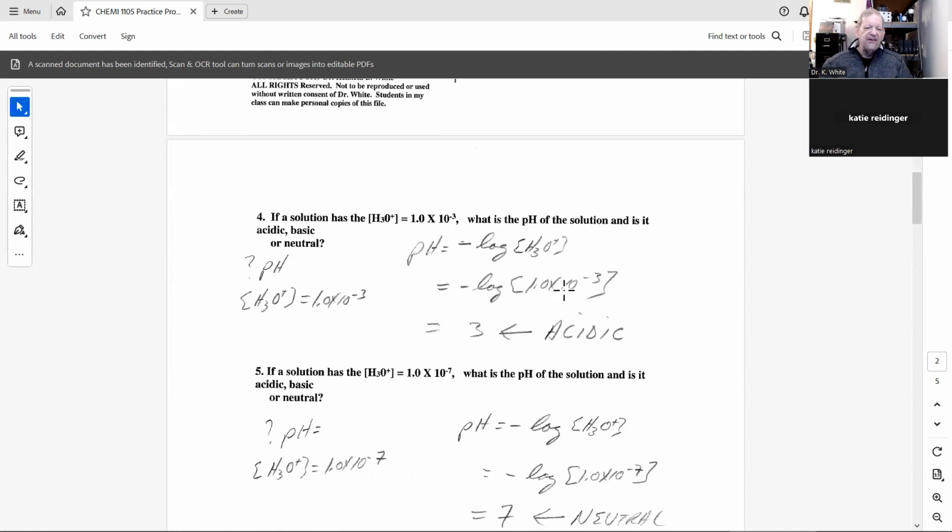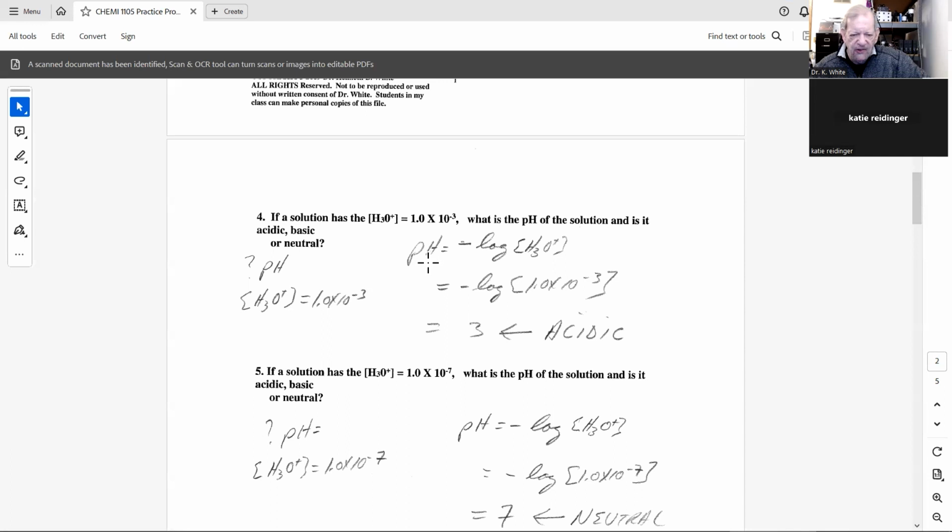Now, let's look at number 4. If a solution has the hydronium ion concentration of 1.0 times 10 to the minus 3, what is the pH of that solution? And is it acidic, basic, or neutral? Well, we're trying to find pH. We're given the hydronium ion concentration is 1.0 times 10 to the minus 3.